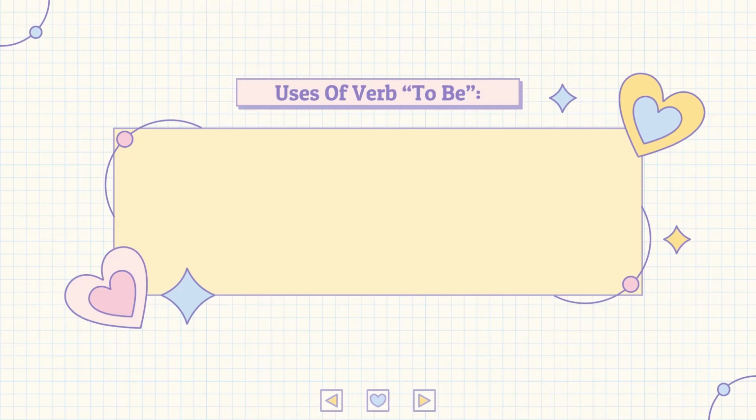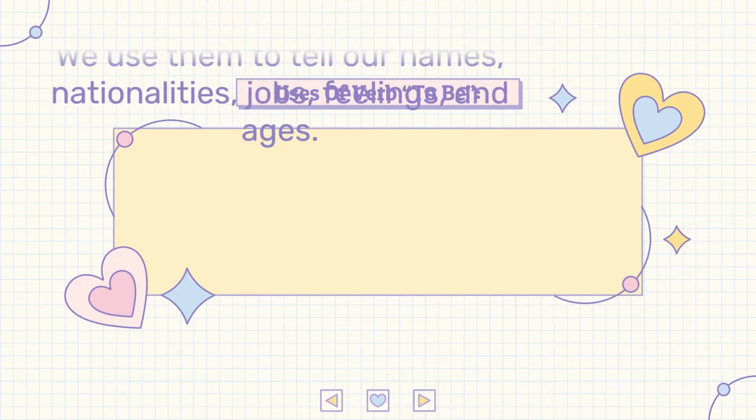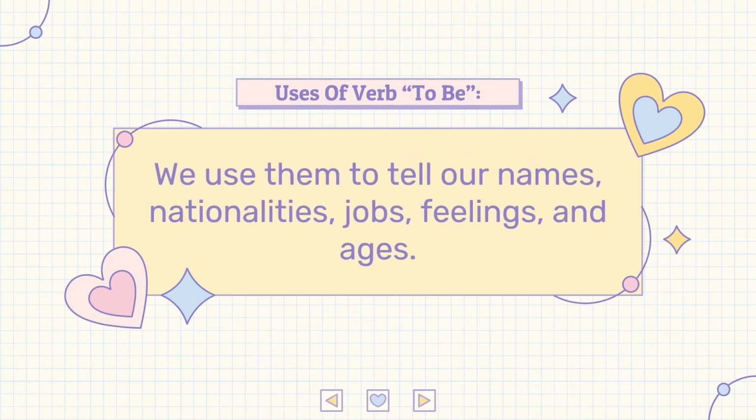Uses of verb to be. We use them to tell our names, nationalities, jobs, feelings, and ages.